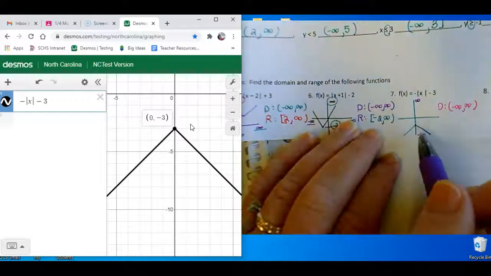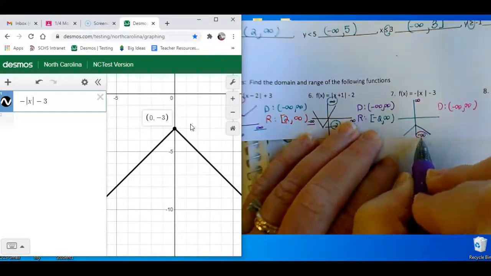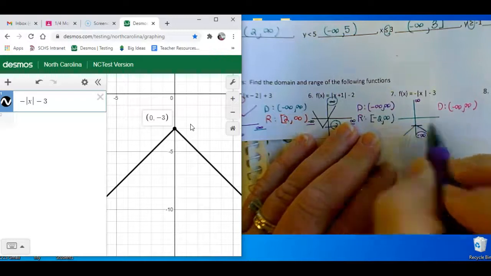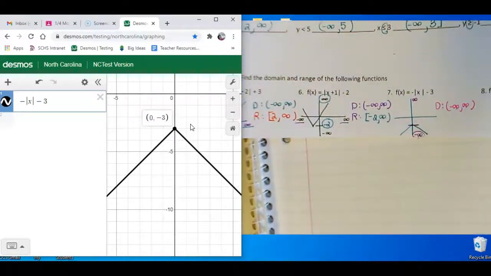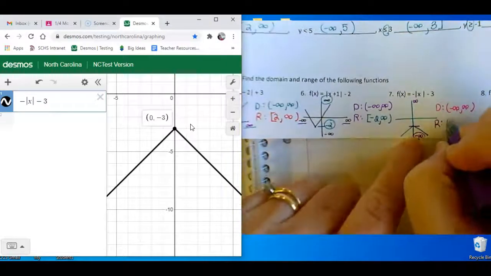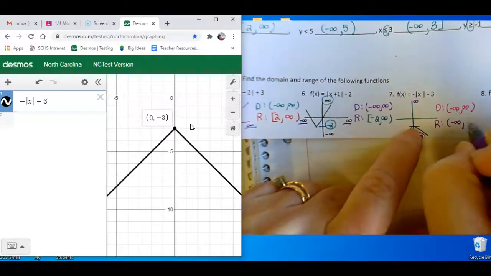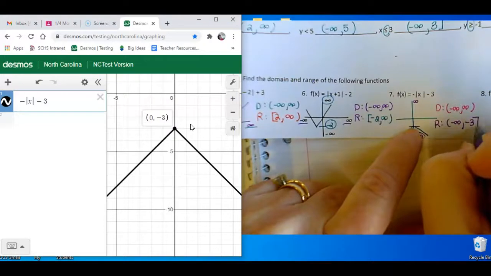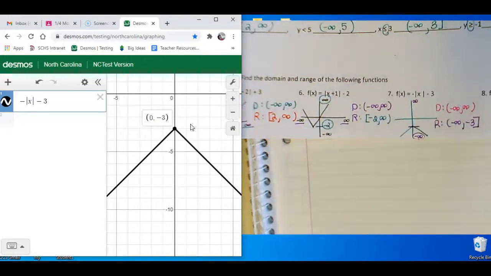See, the graph's going down, so I know I'm going to have to include negative infinity, and I've got to go all the way to wherever the top of it is. When I look at the graph, the top of it's at -3. So it's going to be negative infinity to -3.